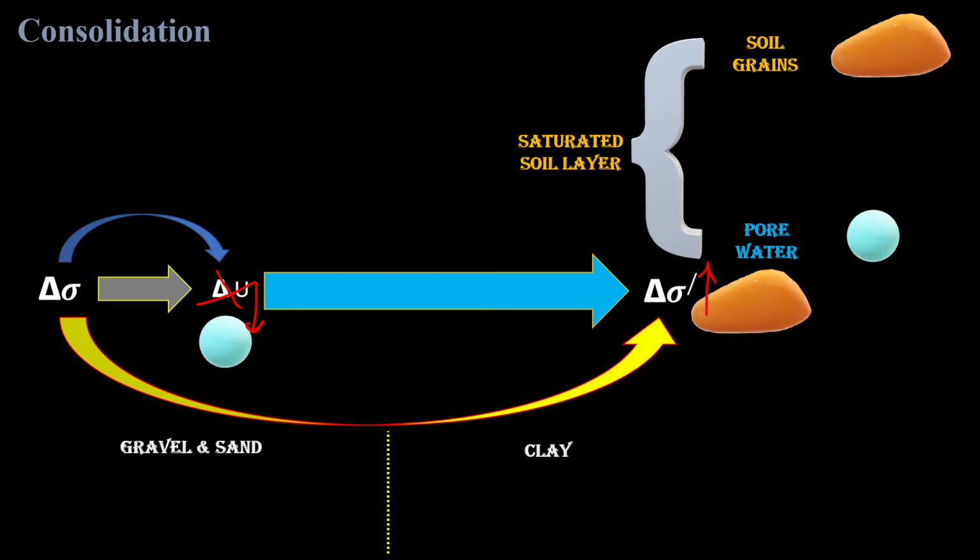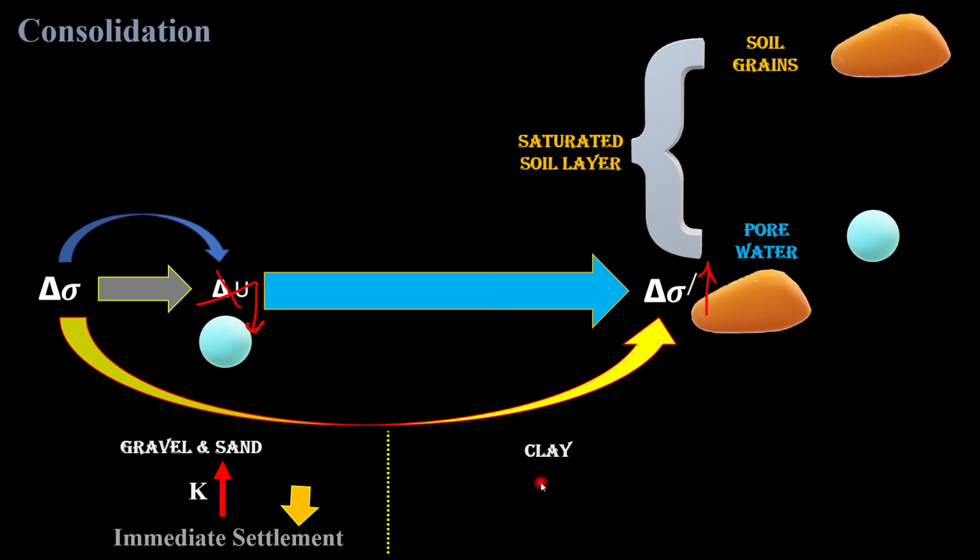And what happens for consolidation in gravel and sand, which have high permeability and conductivity, is that an immediate settlement happens in gravel and sand, like in granular soils.